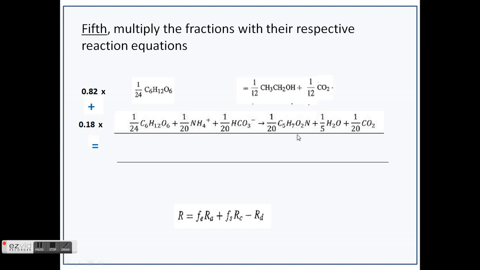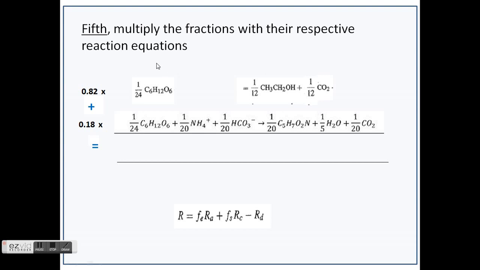So you multiply that fraction by the moles of each compound, and then you can sum up that reaction, and that will give you a balanced reaction that factors in the cell production and the fraction of the substrate or electron donor that goes to each of them.